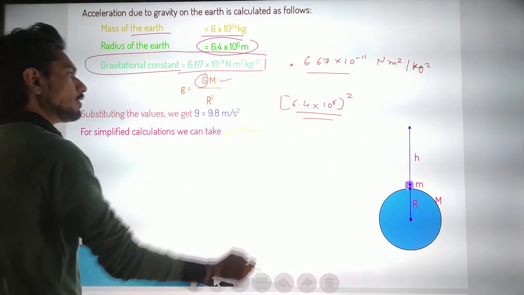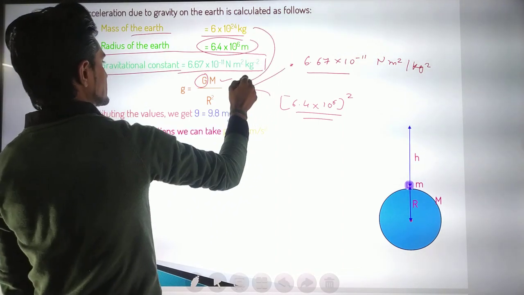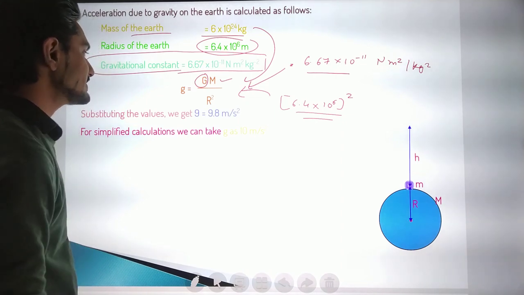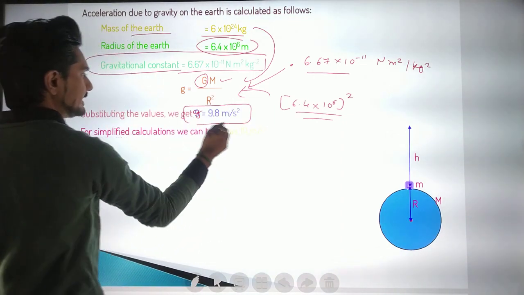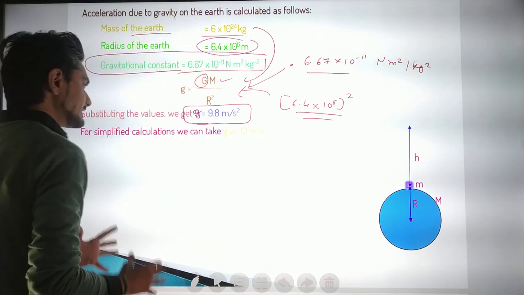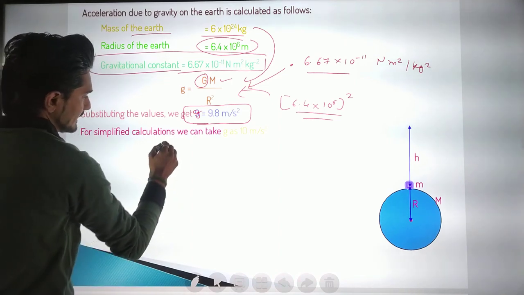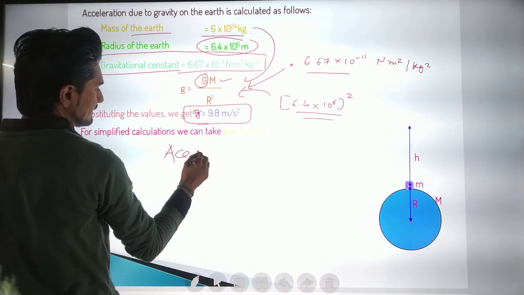So putting all the values in this equation, we can find that the value of g is 9.8 meter per second square. That is the value we conclude as the acceleration due to gravity.